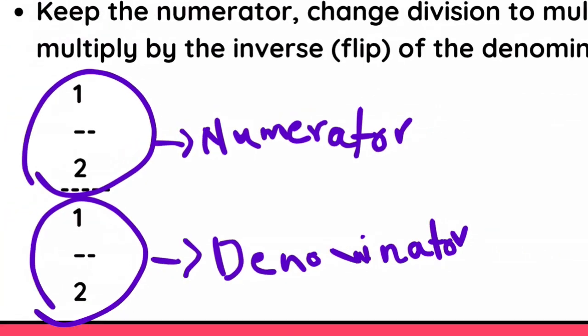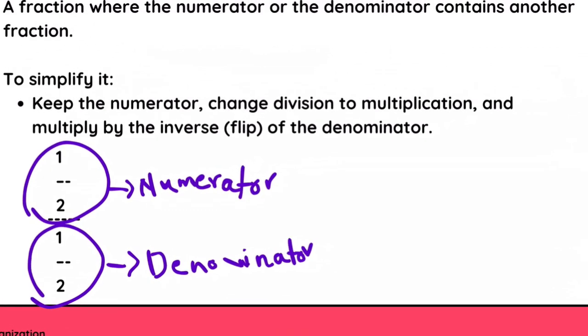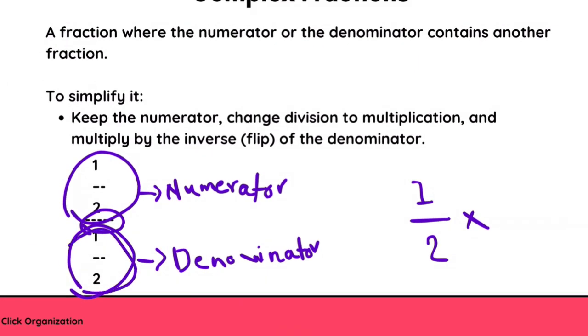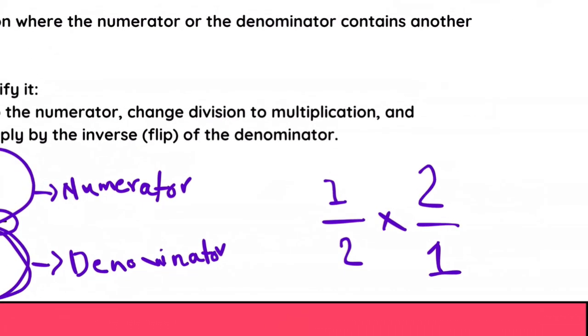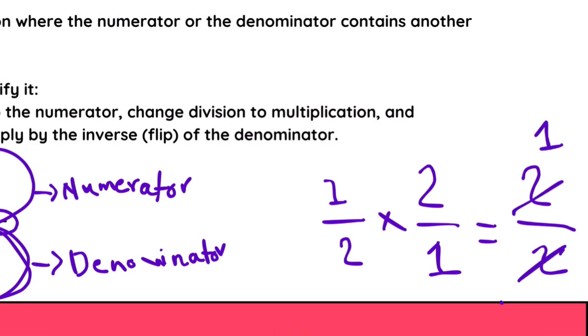Okay, so I first keep the numerator. So 1/2, I keep it. And then I change the division into multiplication, so times. And then I flip the denominator. So this is my denominator. I flip it, 2 divided by 1, okay? And now I do the multiplication. 1 times 2, 2. 2 times 1, 2, right? So I can simplify this, and the answer will be 1, okay?